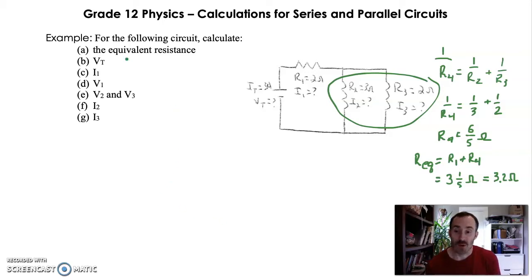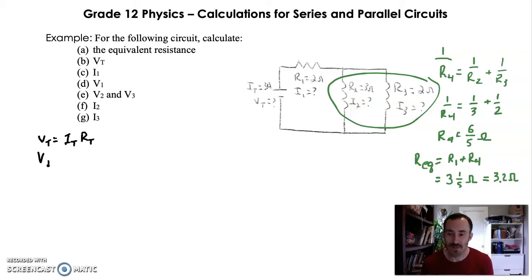So now I have the equivalent resistance, I have the total current, which means I can find the total voltage using V equals IR for the whole circuit. So VT equals IT times RT, or REQ, same thing.